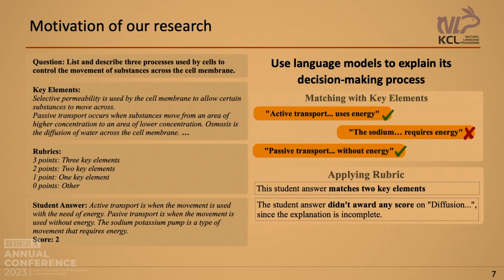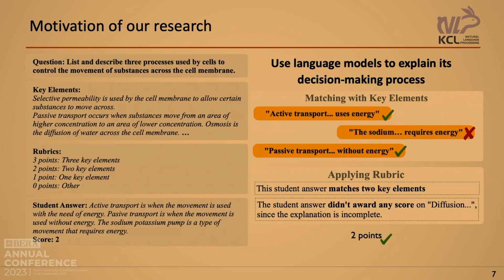To tackle this interpretability issue, which motivated our research, we want to generate rationales that use the provided key elements and rubric to naturally explain the assessment decision-making process when predicting a score.